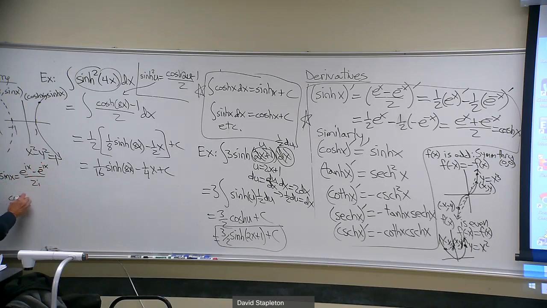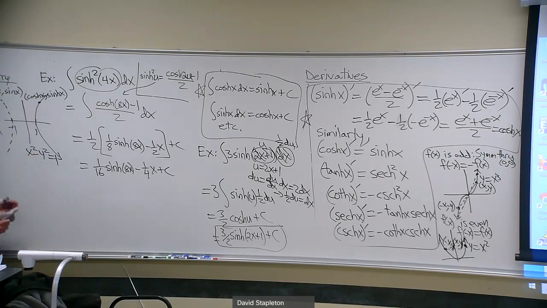And cosine x is e to the ix plus e to the minus ix over 2. These show that this looks like hyperbolic sinh of ix, so sine and hyperbolic sine are intimately related through the imaginary unit. You can look up all those things online. I don't care if you memorize those or not. They're just kind of fun. If you see a few of those, you get an appreciation for the beautiful symmetry between these things.